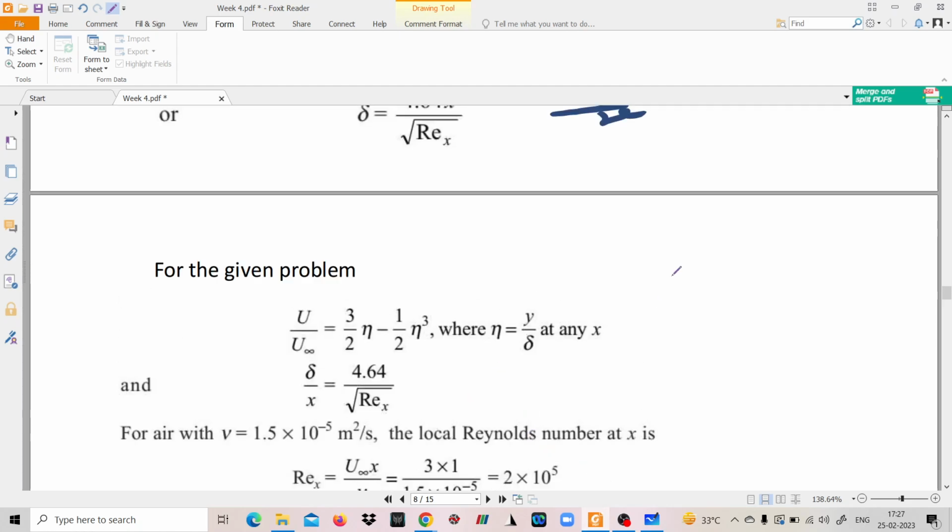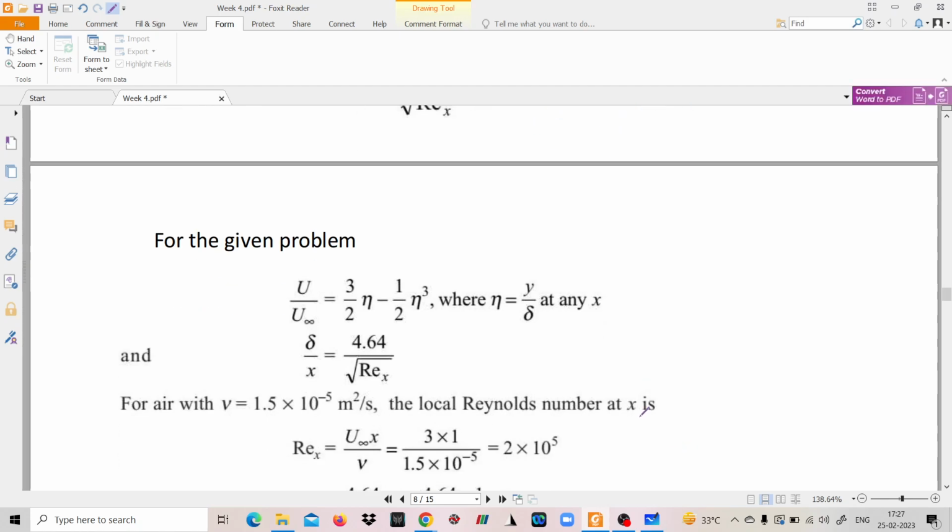So in short, what is the procedure? Since in the question it is given to you that you have to make use of a particular velocity profile, but the exact profile is not given, you assume the most general form of that profile.